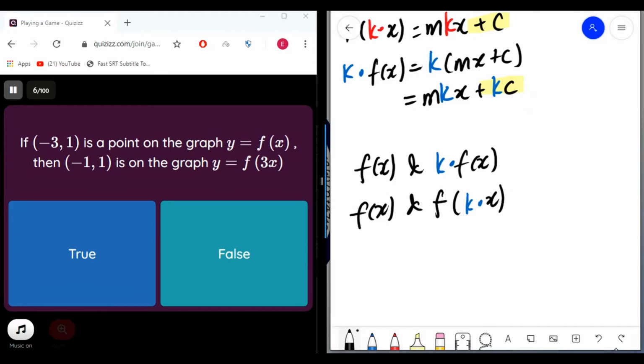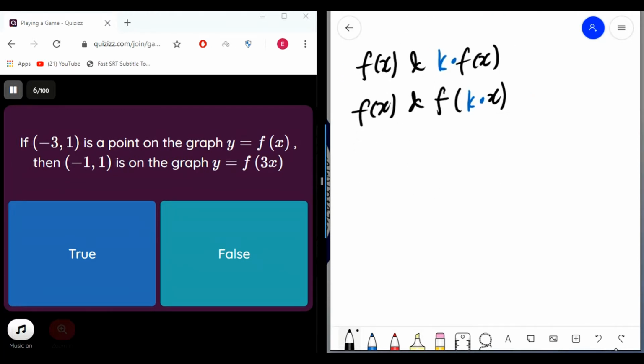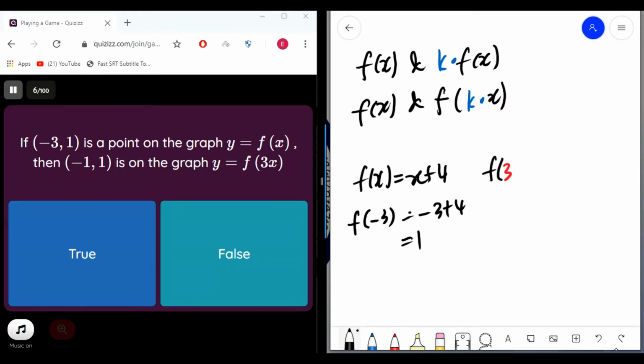For example, let's say we have f(x) equals x plus 4. So f of negative 3 will be equal to negative 3 plus 4, which equals 1. Then what about f of 3x?